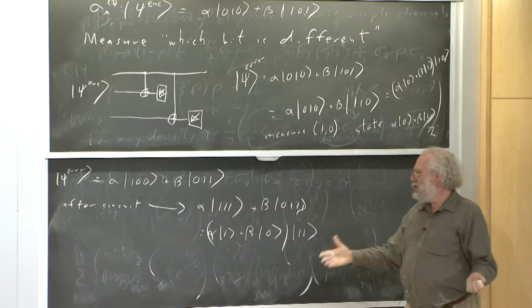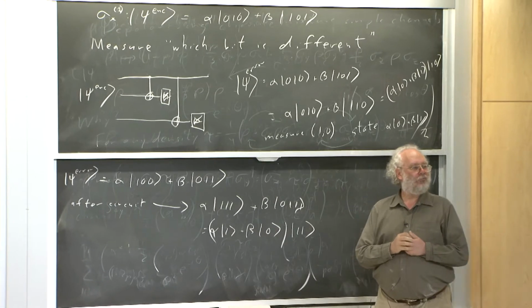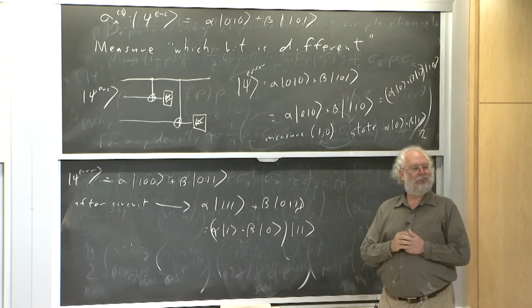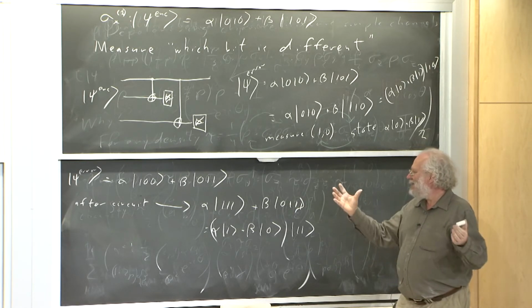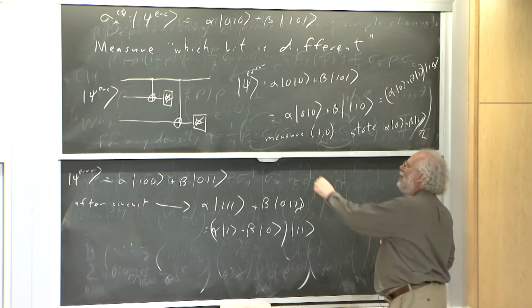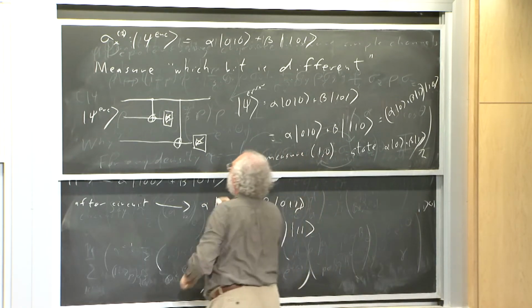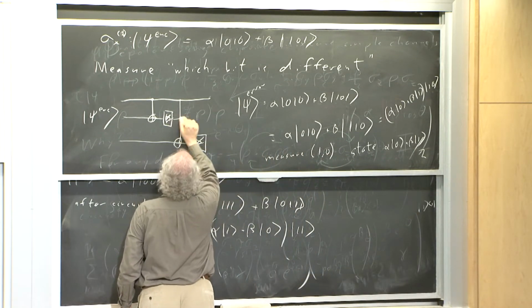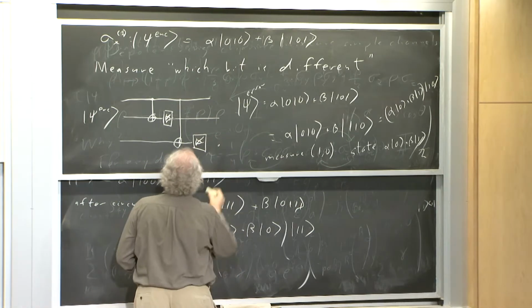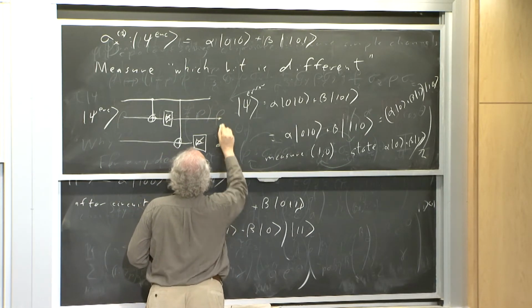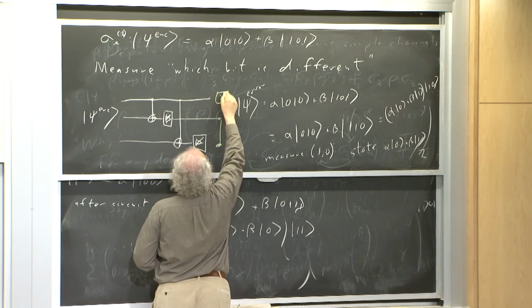So what do you need to do to the state to fix it? Apply X. So if these measurement results are both 1s, you apply X here.